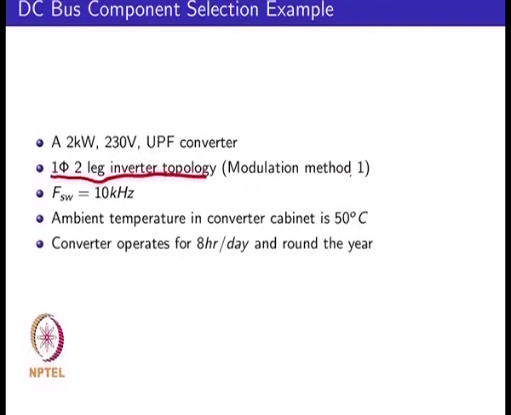We will assume that your switching frequency, your carrier frequency, is 10 kilohertz, so your effective switching frequency seen by your filters would be 20 kilohertz. The ambient temperature and the operation of the power converter is kept the same.